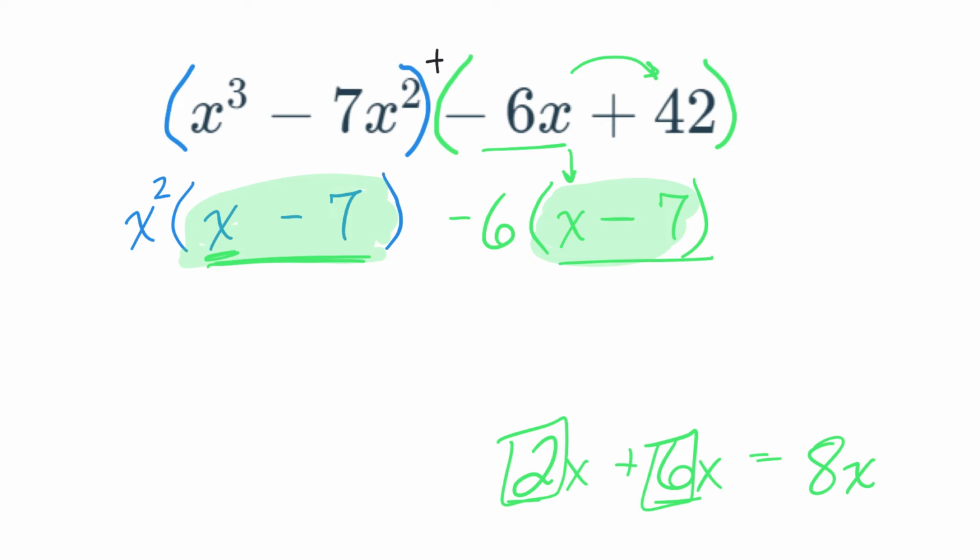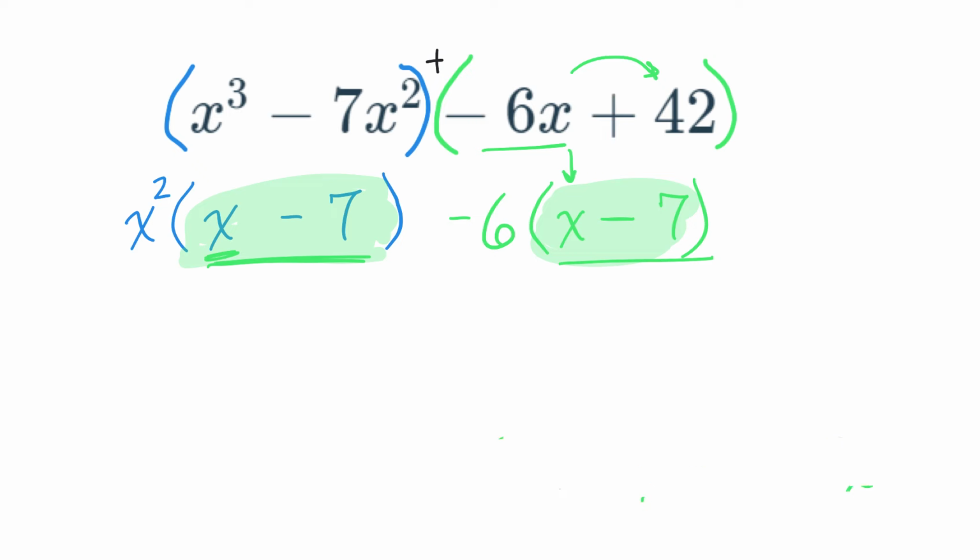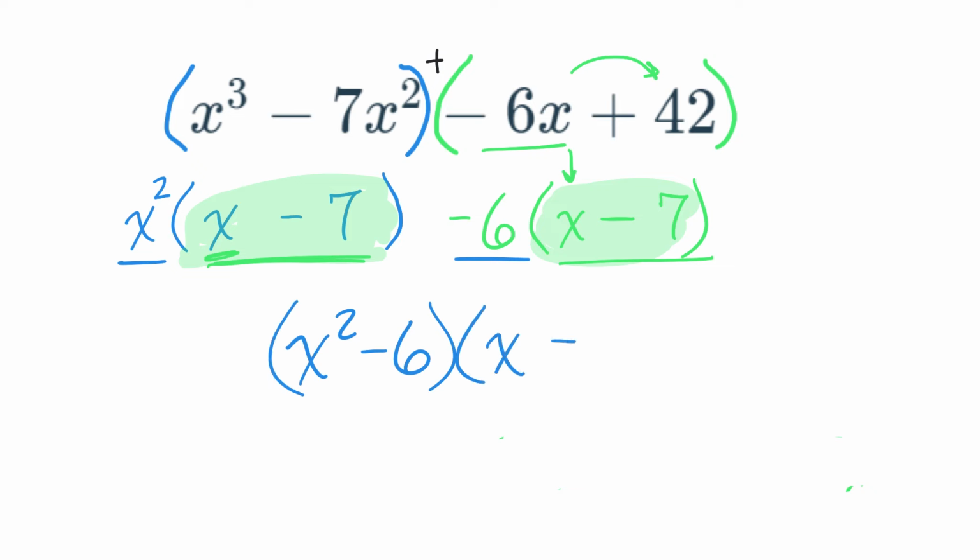So let's correlate this with the example we're currently working on. We have 2 terms that are being multiplied times x minus 7. So what we're going to do is combine those two terms, x squared, in this case minus 6, and we are going to multiply one time.